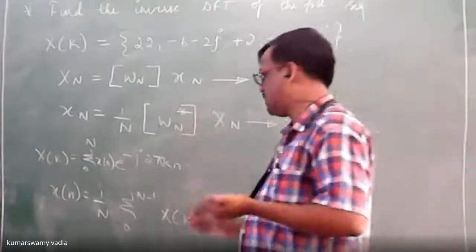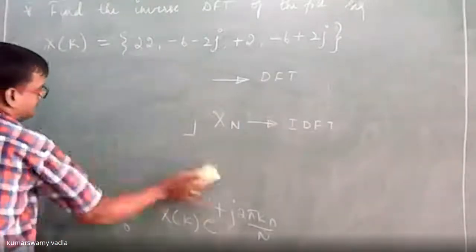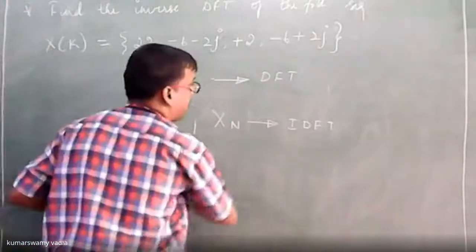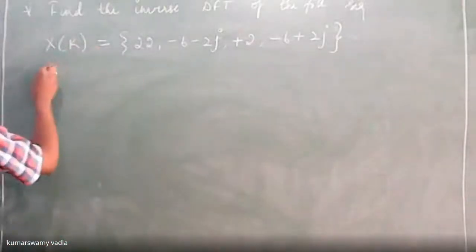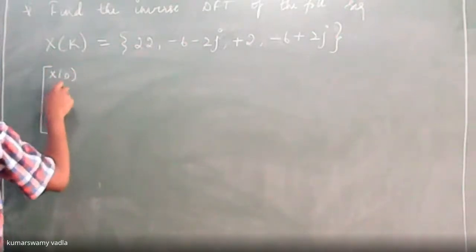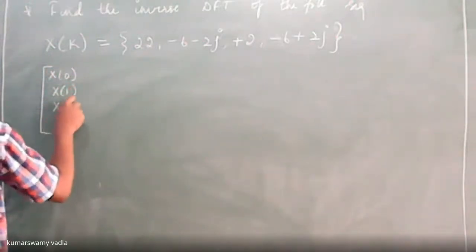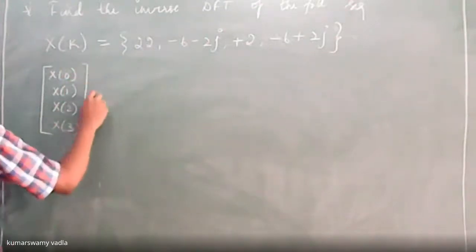Okay, I will write down the twiddle factor matrix. Look onto the board. Now, in terms of matrix, if I write here, what do I get? Capital X of 0, capital X of 1, capital X of 2, capital X of 3. Why did I stop at 3?